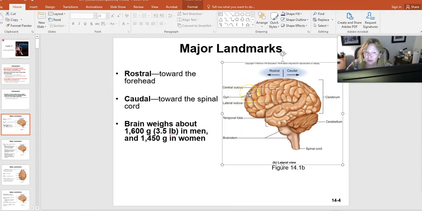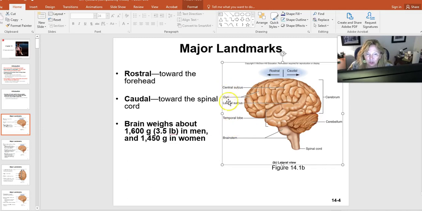When you hear the terms gyrus and sulcus, gyri is plural for gyrus. Sulci is plural for sulcus. The sulci are these indentions that almost look like divots or ditches, and the raised areas are the gyri, or gyrus is a raised area.